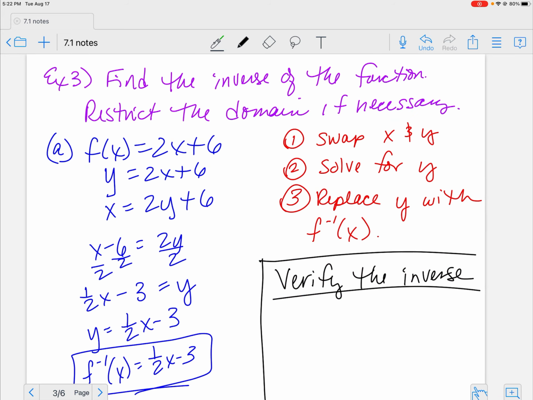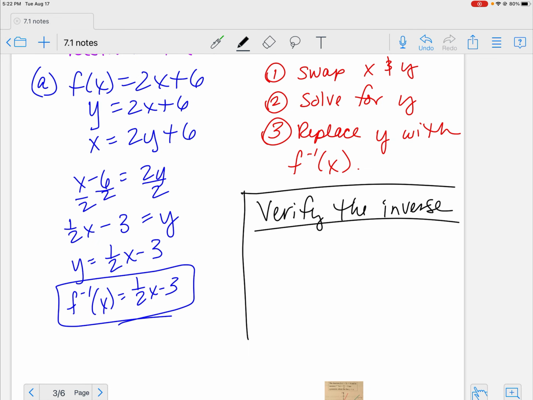That's that composition, right? You can plug one into the other, and then that's how you can verify. So I can take f of f inverse or vice versa. You could put the f of x into it. Either way, you put one into the other. It doesn't matter. The process is the same. You're going to come up with x.